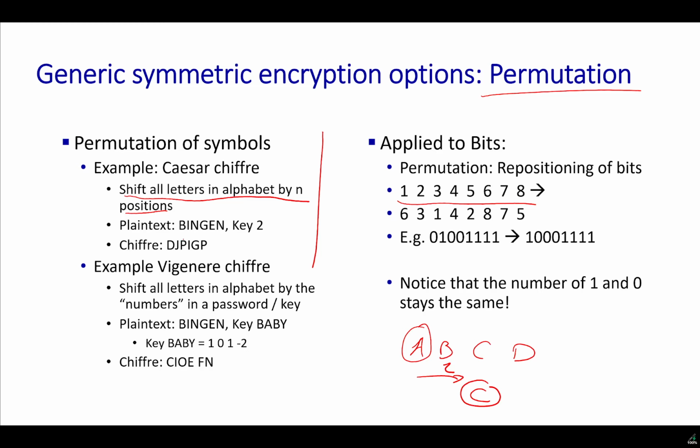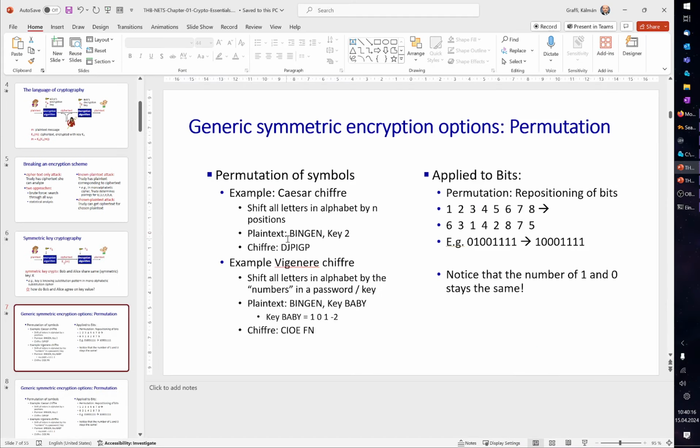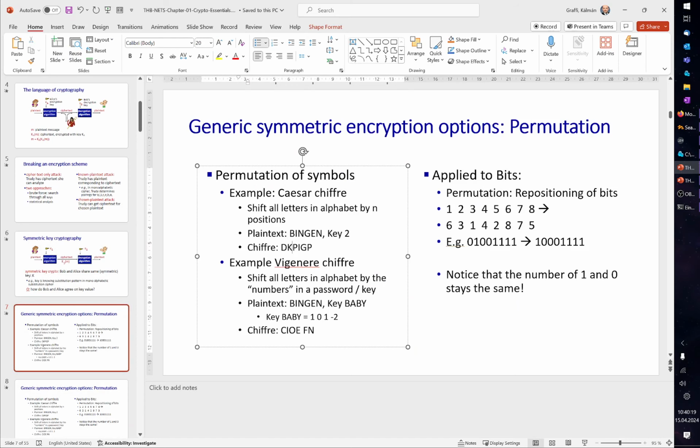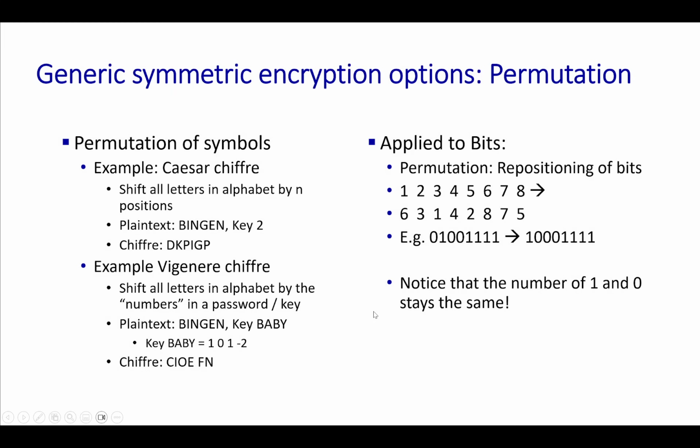So he also used a cipher, and the simplest cipher is to just shift all letters in the alphabet by n positions. If we have as plain text Bingen and we shift it by 2, B becomes D, I becomes K, N becomes P, G becomes I, and E becomes G, and N becomes P again.